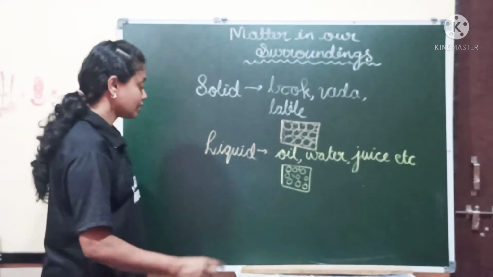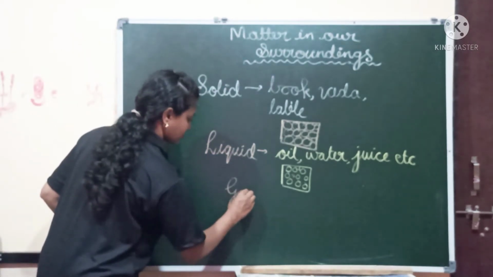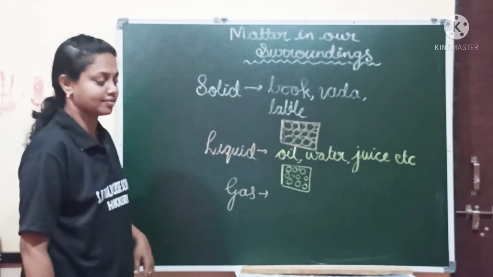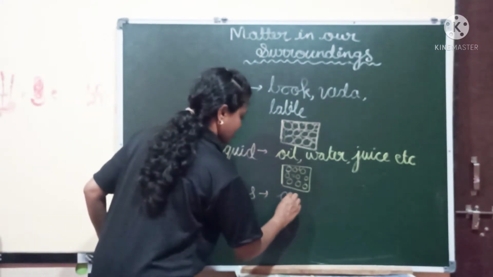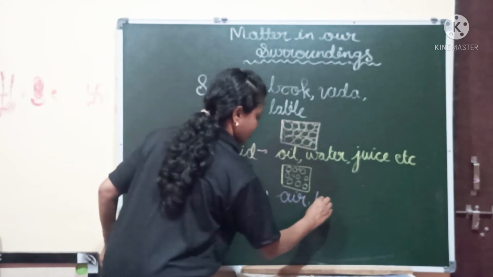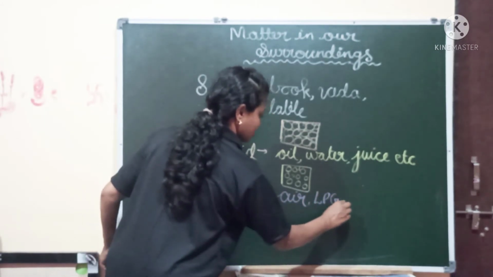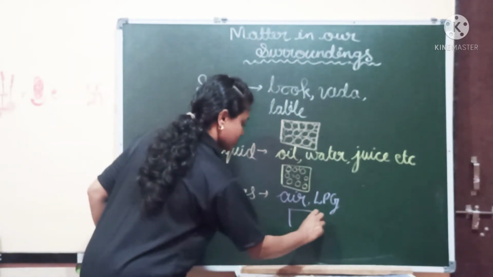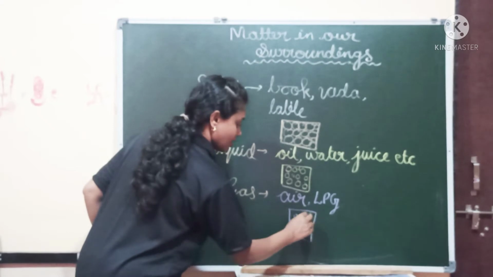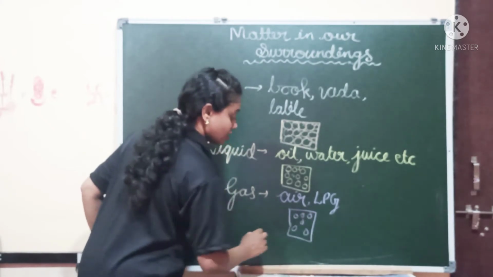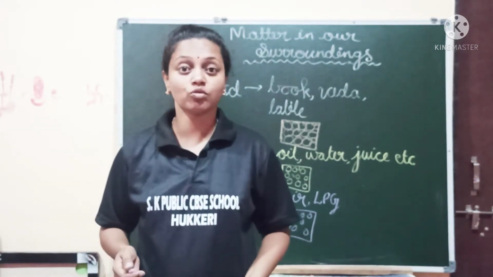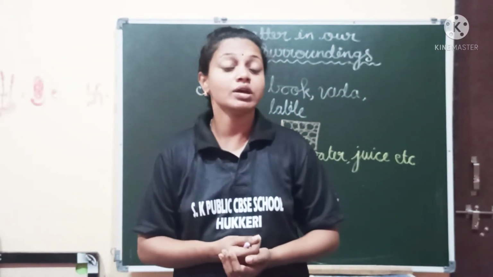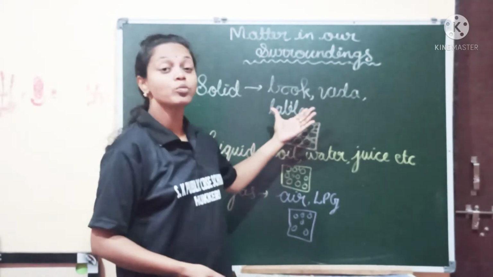Now what about gas? Compare a gas. This air, LPG. Okay, the molecular structure here is completely loosely packed, so air is invisible. Now I have given the examples, book and all.